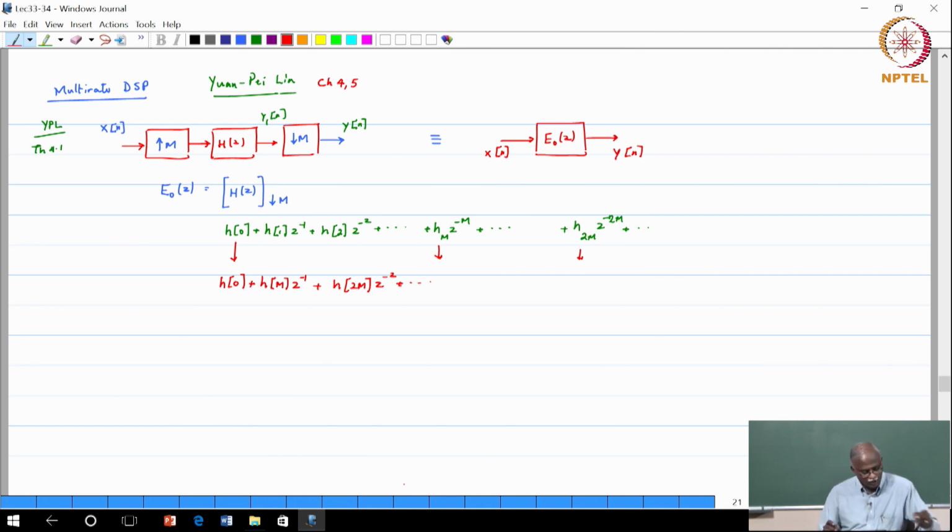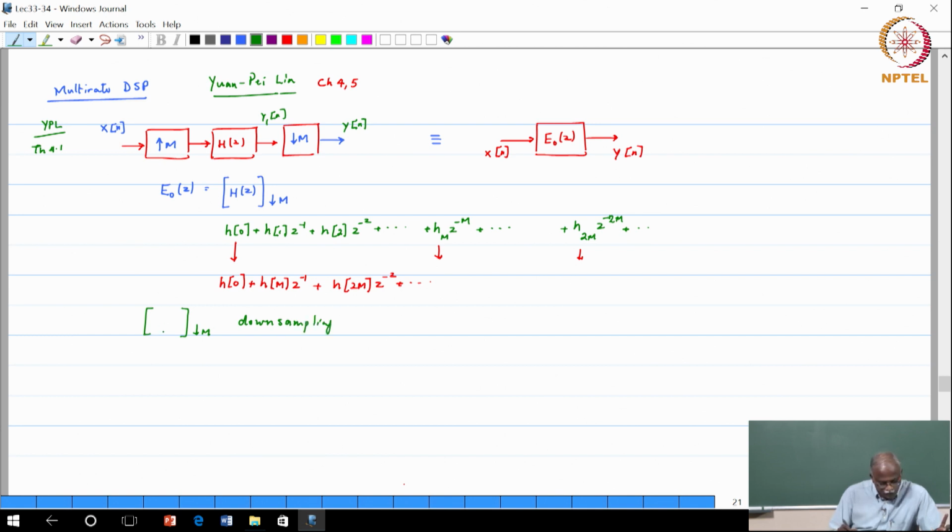There is a short compact notation for that. When you say h of z, it actually represents a sequence, and I am downsampling it. Let us use this notation so that we can get comfortable with it. What we have introduced is this block with a downsampling, which is nothing but the downsampling that we are familiar with.